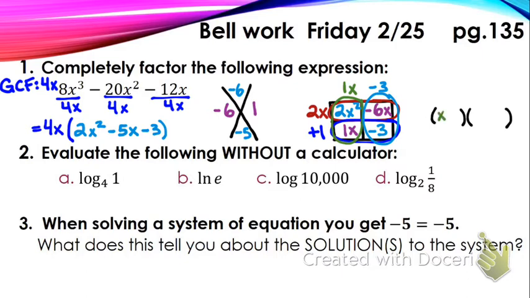I have my top values, x minus 3 and 2x plus 1. Are those my only factors? Don't I have to put 4x at the beginning? How do we know we have to put 4x at the beginning? Because that's my GCF, my greatest common factor. It has the word factor in it. I know that at the end it will be one of my 3 factors.